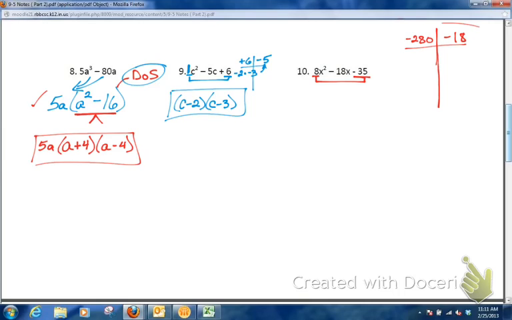Well, right off the bat, that's going to be good to see because those numbers seem easy, and they are, because to get negative 280, 10 times 28, which are 18 apart, so now you just got to figure out which one gets which sign. And again, it'll be positive 10 and negative 28. Multiplying those together would give me negative 280. Adding them together would give me negative 18.